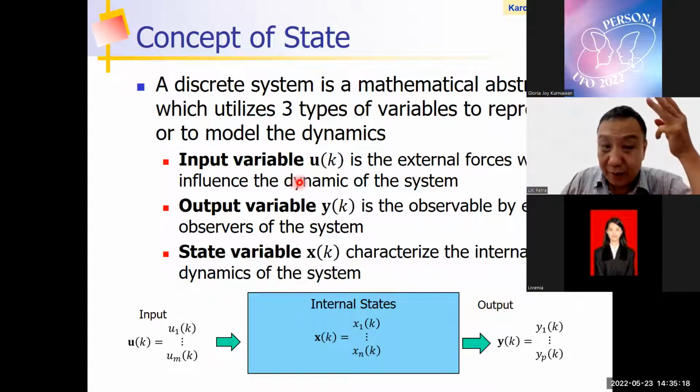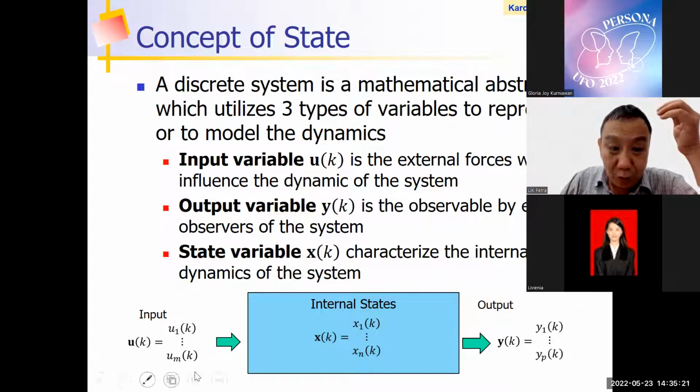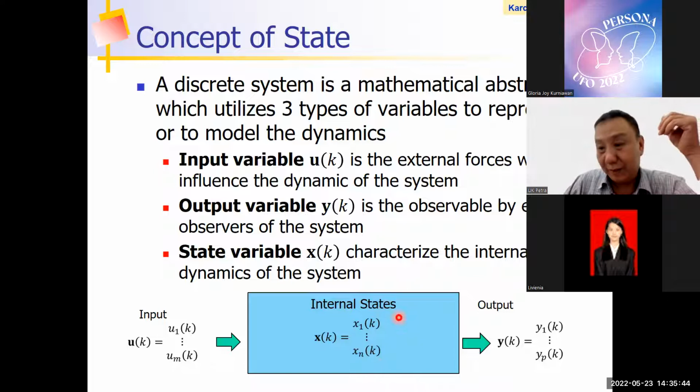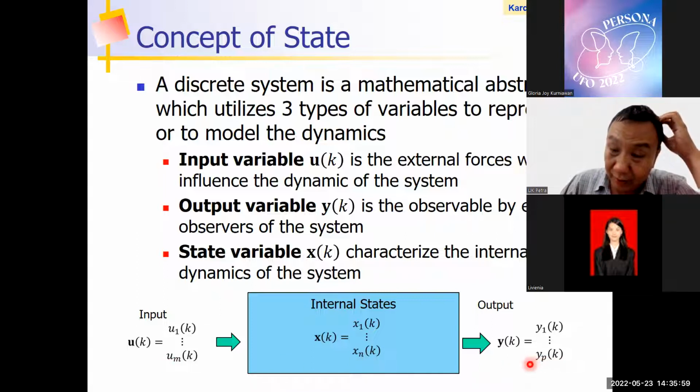I repeat: we have input, named U, which is a vector of U1, U2 until UM. Then you have output Y: Y1, Y2 until YP. And then inside the system you have the internal state X1, X2 until Xn. See, even the lengths of the vectors are not the same: M, N, and P.